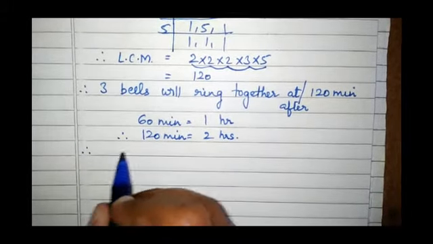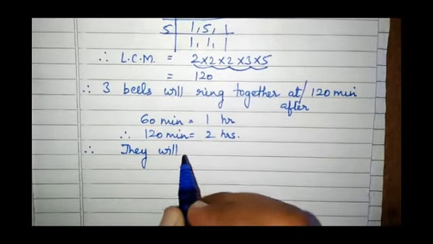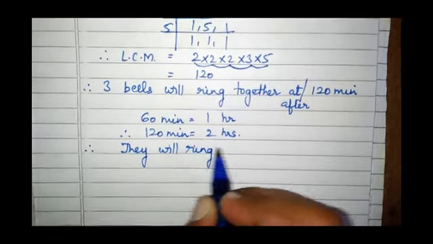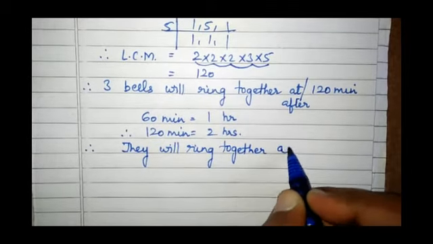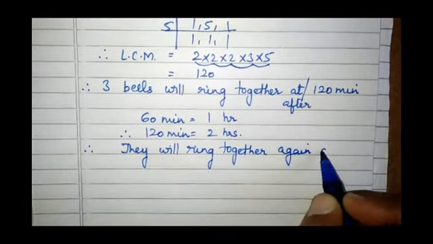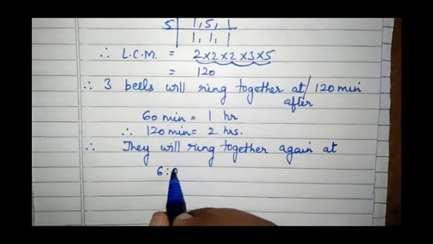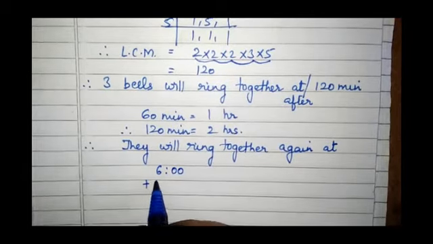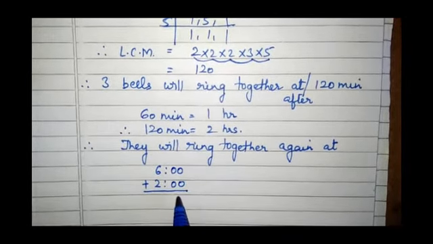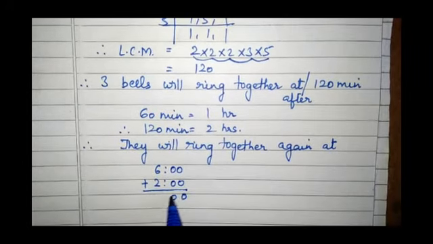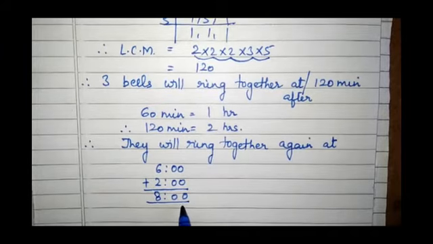So they will ring together again at... Earlier they rang at 6. So after 2 hours they will ring. 120 minutes means 2 hours. So if it is 6 right now, after 2 hours the time will be 8.